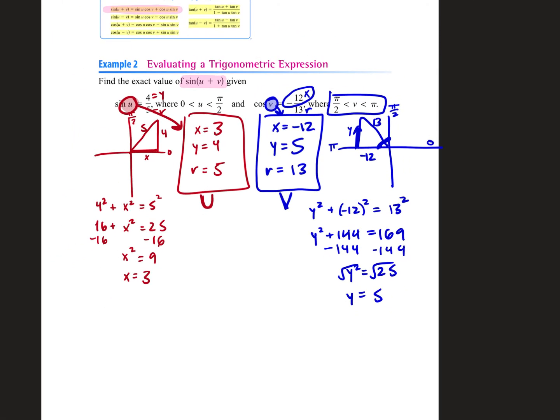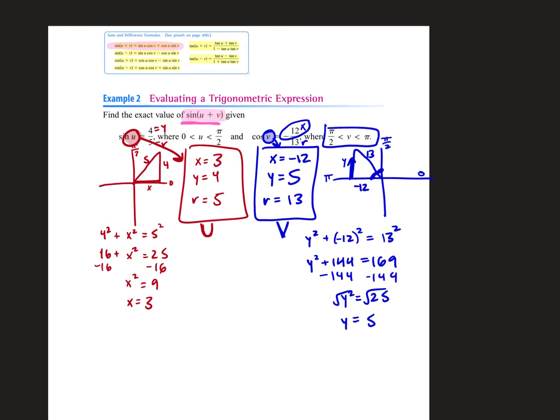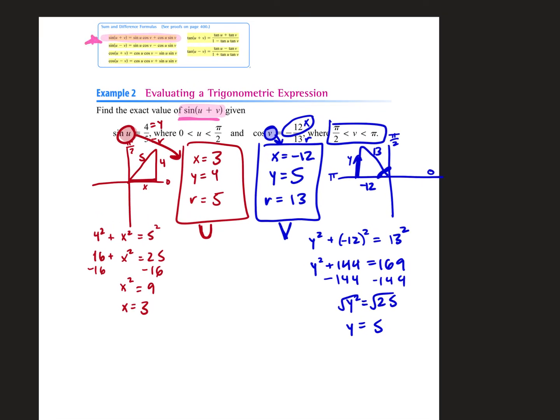Now I'm going to go back to the question where it says, find the exact value of sine of u plus v. So I'm using the formula up here. So this is sine of u times cosine of v plus cosine of u times sine of v.